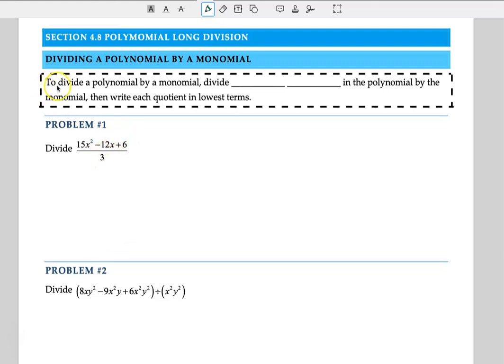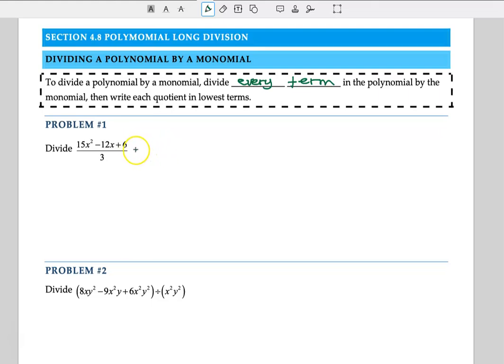All right, so up here, to divide a polynomial by a monomial, divide every term in the polynomial by the monomial, okay, and then write it in lowest terms.